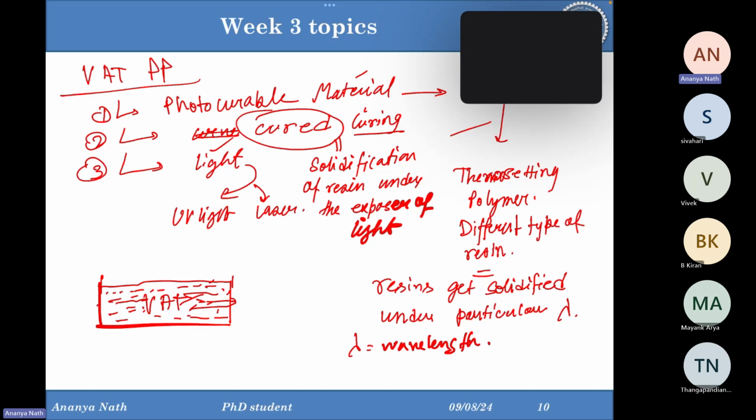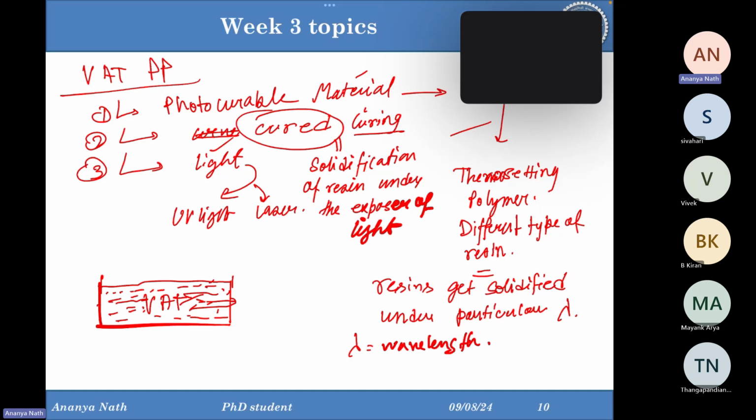So if you have a liquid resin that is 350 nanometer photocurable, then the photoinitiator will get excited and release the electron only if you are exposing the resin to 350 nanometer UV light. So this is the meaning of a particular wavelength photocurable resin.